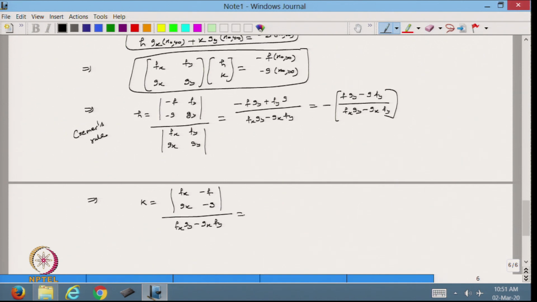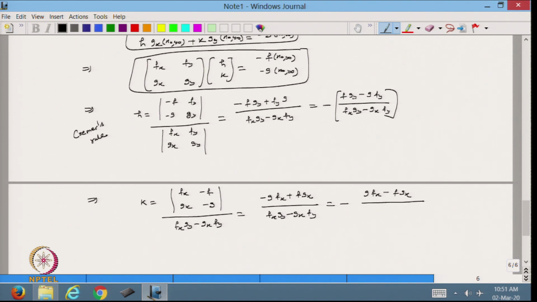So, from here I can write minus g f x plus f g x divided by the same factor, and taking the minus sign common, this will be g f x minus f g x.